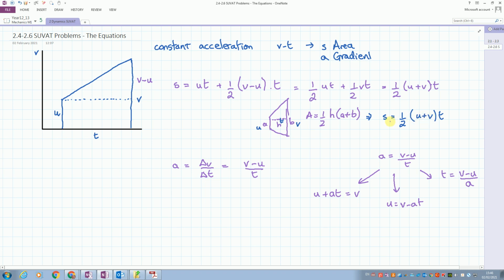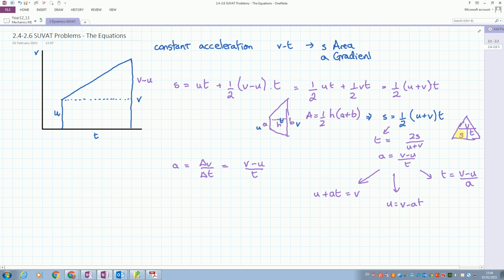You can also rearrange these a little bit, and you can get T equal to 2S divided by (U plus V), which is actually saying displacement divided by average velocity is T, and you might remember that from science, with the triangle where S is VT.